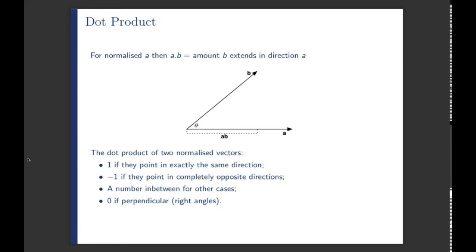And as we change the relationship between the two, say rotate B, so it's going from completely in the same direction to completely opposite direction, the dot product is going to vary. Right? So we can take the dot product to compare the relative orientations of those two vectors. And if there's a zero dot product, that means the two vectors are at right angles.